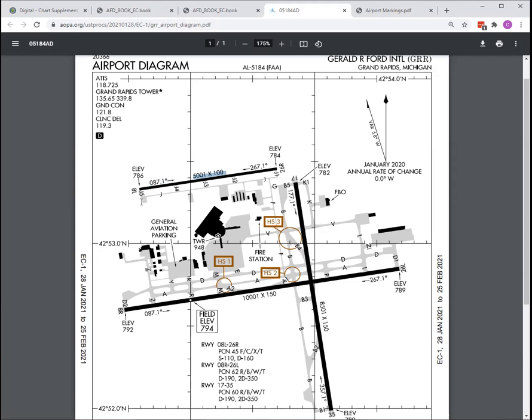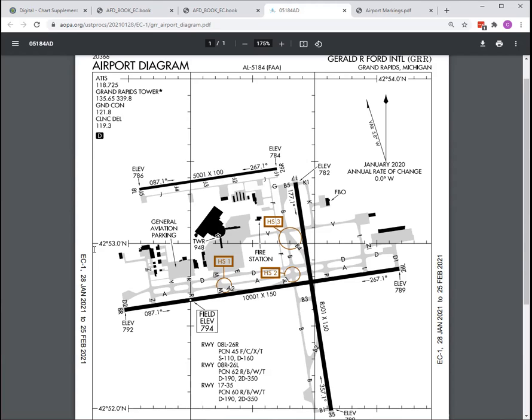The next thing we have is the taxiways. So we have the taxiway names. So for instance, this taxiway here is Juliet. And then each little thing coming off here that goes to the runway, those are labeled Juliet 1 through Juliet 5. And those are just kind of used for the tower to tell you either where to enter the runway or where to exit the runway.